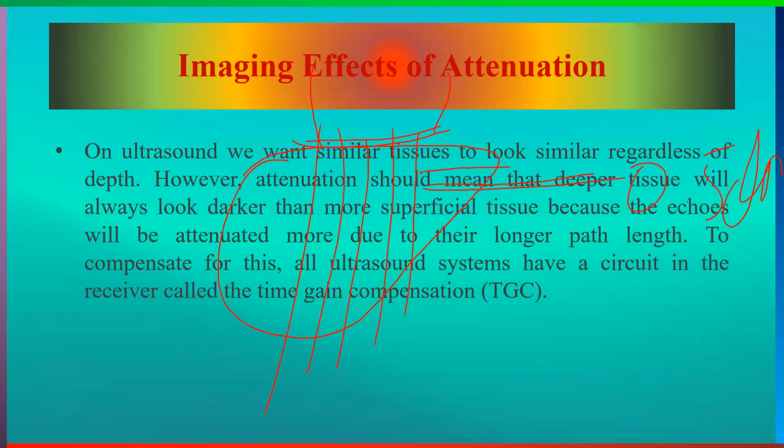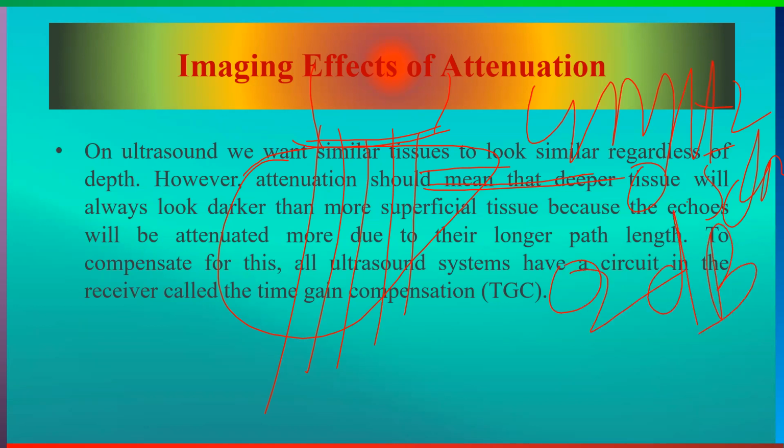So if you are using 8 megahertz frequency, then 4 decibel attenuation will occur at a depth of 1 centimeter. But if you are using 4 megahertz frequency, which we use routinely in abdominal examination, then 2 decibel attenuation will occur at 1 centimeter depth.